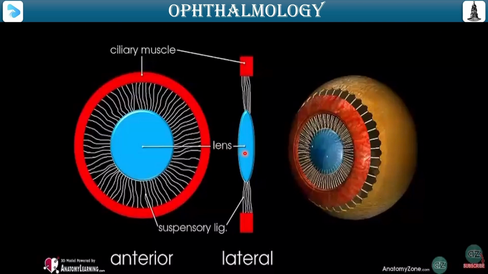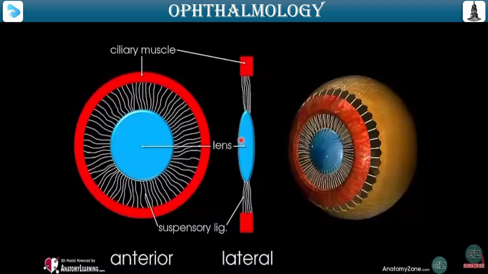It's the accommodation process. We said when the ciliary muscle contracts, the zonules relax, okay? And when the zonules relax, the lens becomes more convex. And when it becomes more convex, the refractive power increases, and when the refractive power increases, we can see near objects more clearly.